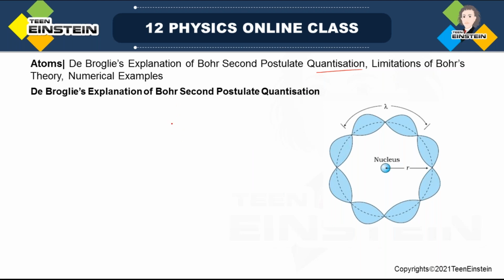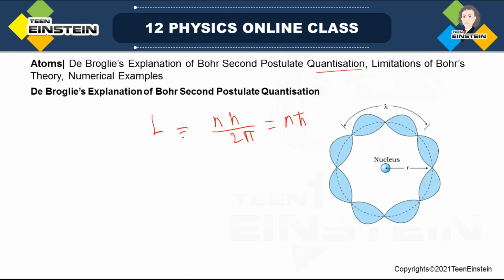Quantization of the orbit. What does that say? That electrons will be revolving around the nucleus not in any arbitrary orbits. Only those orbits are allowed for electrons to revolve around the nucleus for which the angular momentum will be an integral multiple of nh by 2 pi. H by 2 pi is sometimes written as h cross.